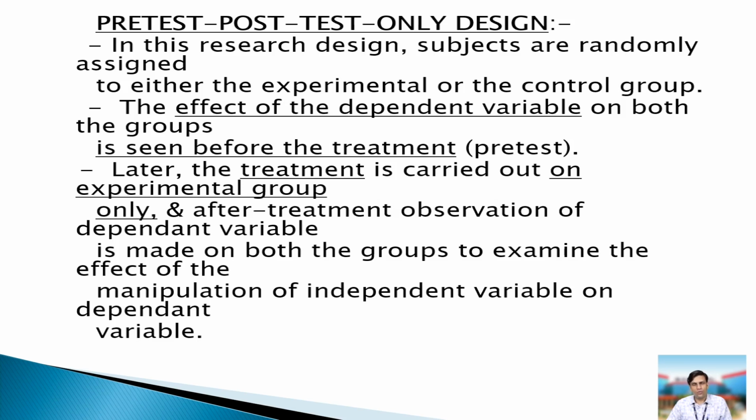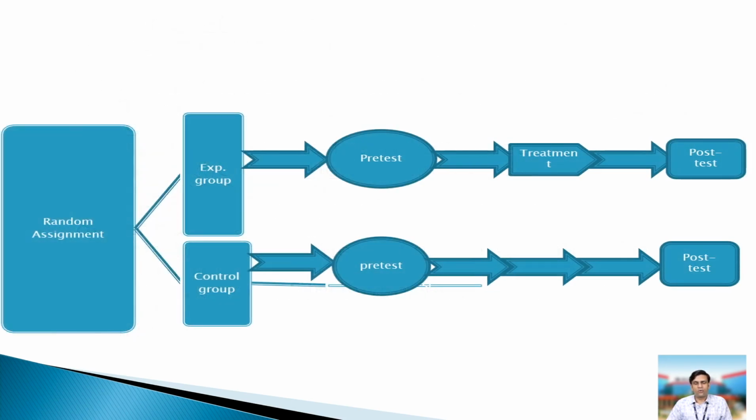If we see the diagram of this type of research design, through the random assignment, the subjects will be allotted to the experimental and control group. Then pre-test will be done for both the groups. And as we all know, the treatment or intervention is always administered to the experimental group.